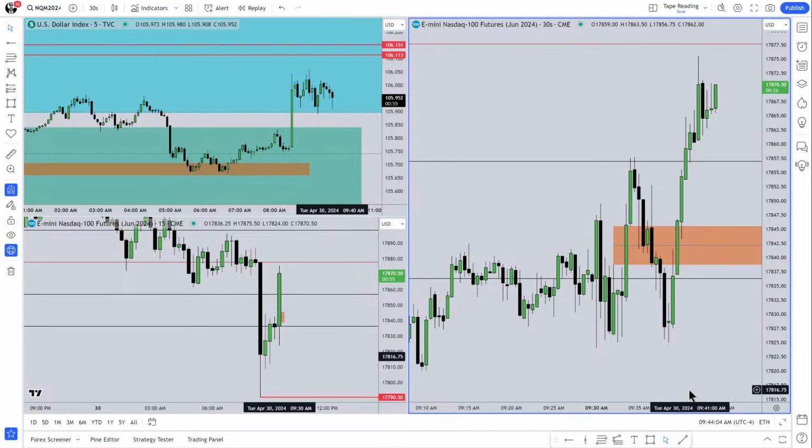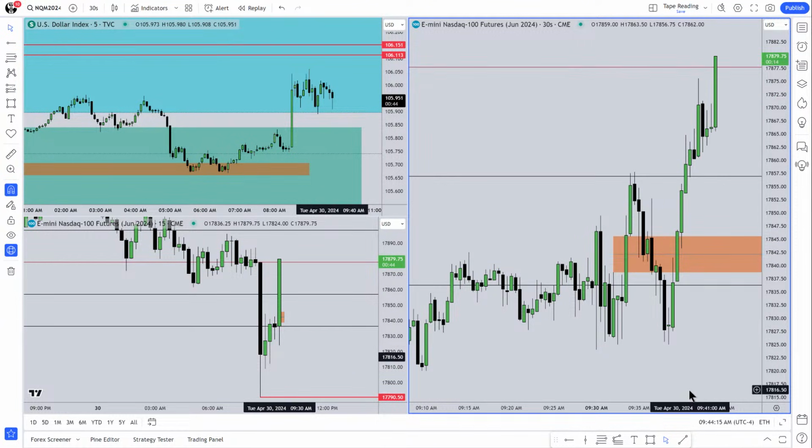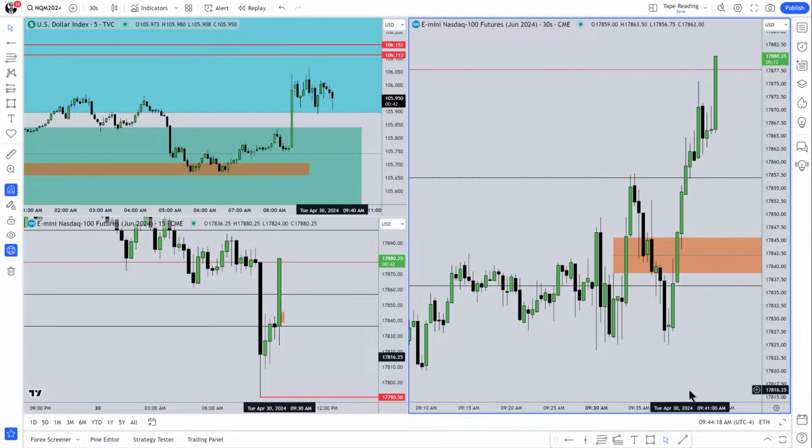If it wants that mid gap, it should do it now. There you go.